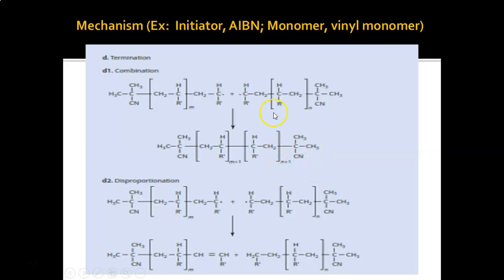During termination by disproportionation, it produces a polymer with a double bond and a second one with a single bond. The double bond comes from the active site here being transferred into the double bond, and the active site here becomes the hydrogen atom attached to the carbon.